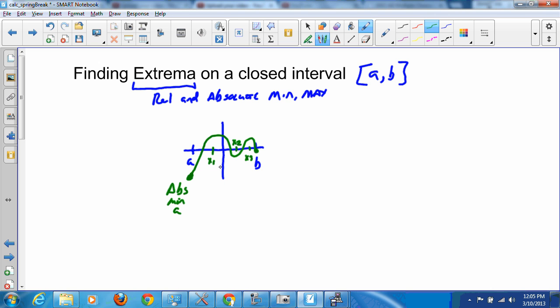So anyway, you can see that when we get to x sub 1, we have a horizontal tangent where the derivative is equal to 0, the slope is equal to 0, and again here at x sub 2 and then at x sub 3. So these are all candidates that we have to go and explore.